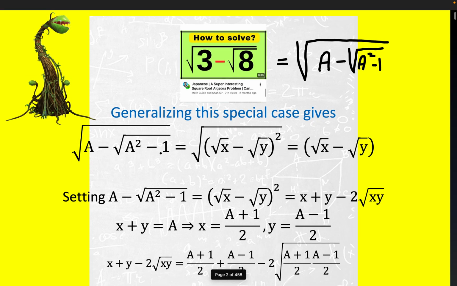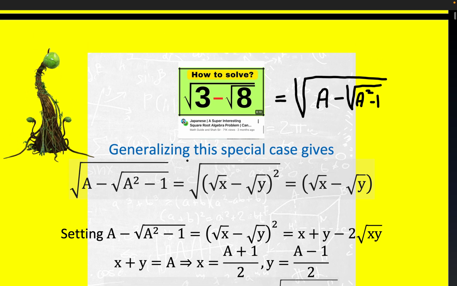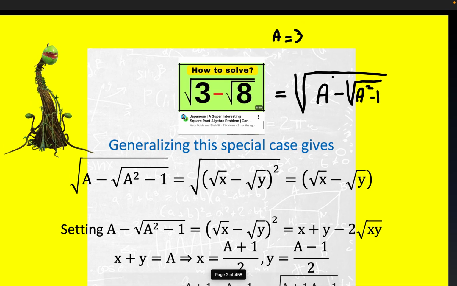It's very straightforward. So anyway, for this particular problem, our a is certainly equal to 3. So for a equals 3, that would result in x equal to 2, and y equal to 1.